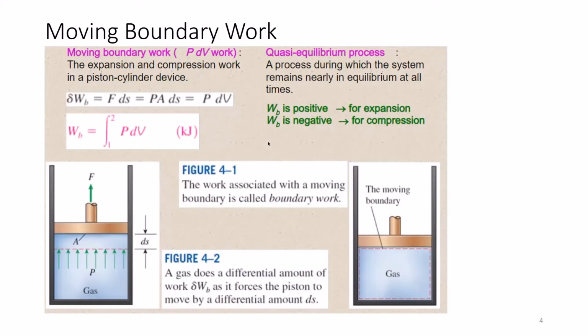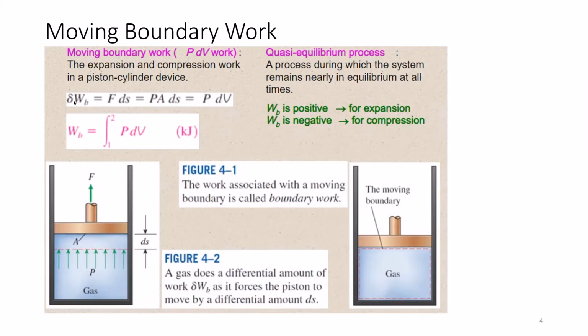Okay. So first part, moving boundary work. We take a look at it from the perspective of what's happening here, as heat is added onto the system typically. And we can think about that in terms of work, right? Well, we start off with our same basic equation.